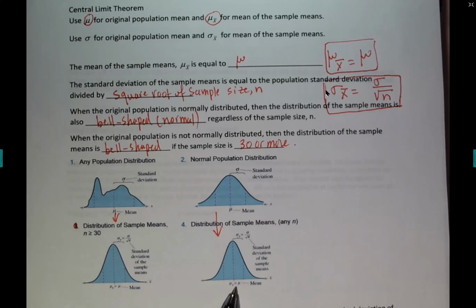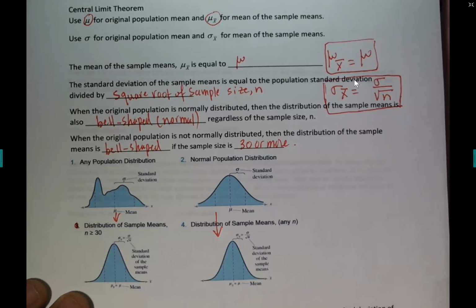And again, you will get mean equals mean, and standard deviation of the sample means is the standard deviation divided by square root of n. Any questions here? Square root of the sample size. That's what I put there. Square root of sample size n.